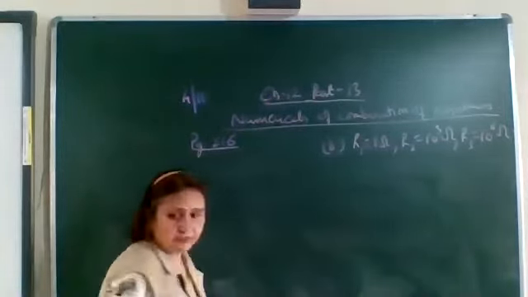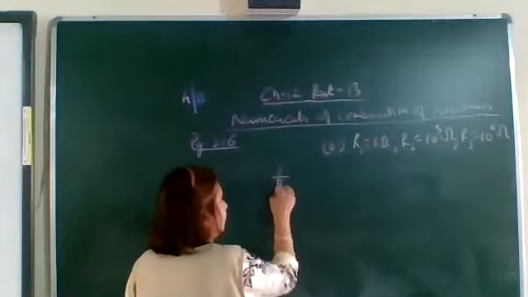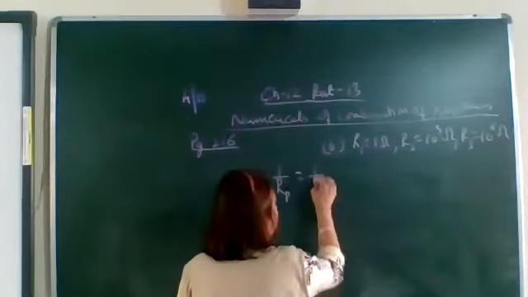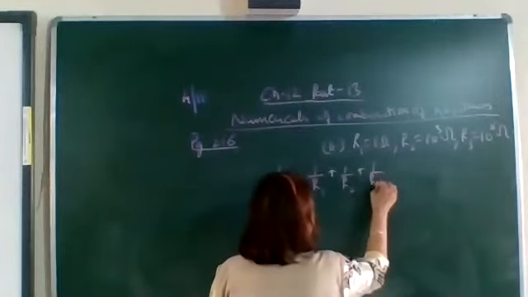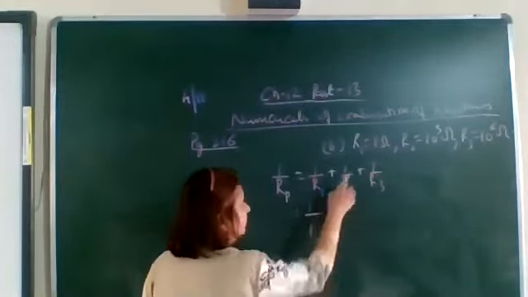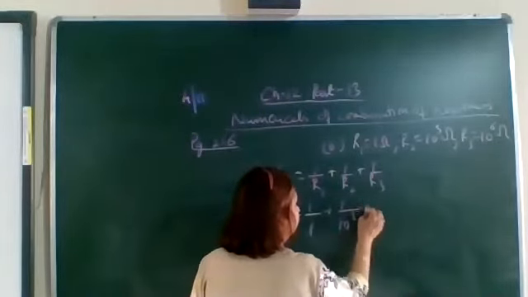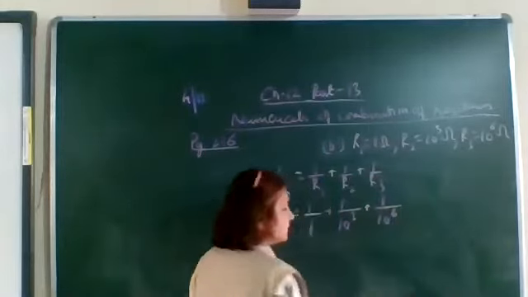It's done. So the equivalent resistance in parallel we know is equal to 1 upon R1 plus 1 upon R2 plus 1 upon R3, which is equal to 1 plus 1 upon 10 raised to the power 3, that is 1000, plus 1 upon 10 raised to the power 6.